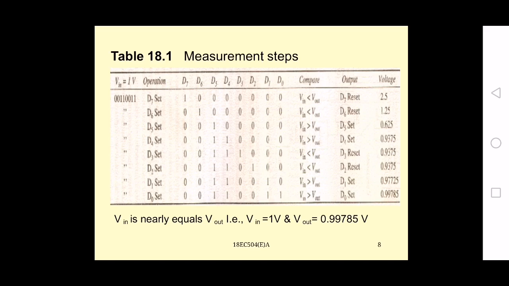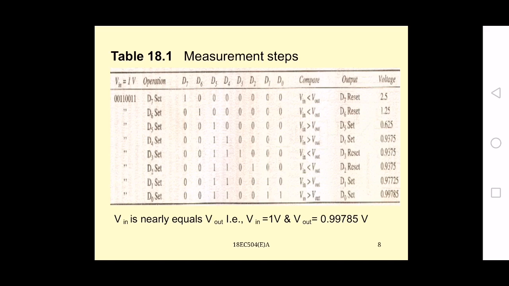If only D7 is 1 and all bits are zeros, then that voltage will be equivalent to 2.5. I want to measure 1 volt. Here the Vout is 2.5, Vin is 1 volt, so 1 is less than 2.5. So D7 will be reset.